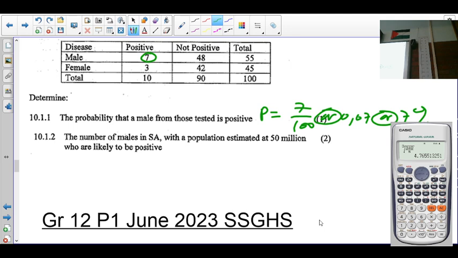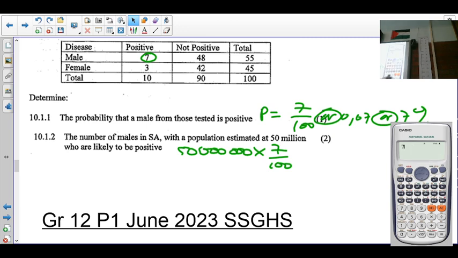So if it's 7 out of every 100, it will be 7 over 100 multiplied by 50 million. That gives you 3.5 million. Is that correct? A lot of people.